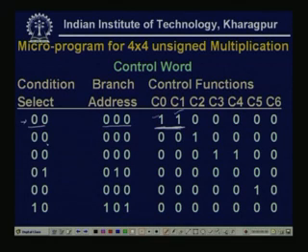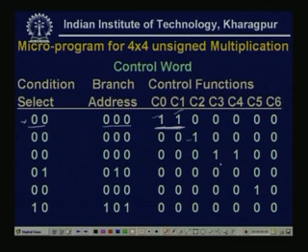Similarly, the condition select is 00 and the branch address is 000, because it is not going anywhere. Then the C2 control signal is generated, meaning the multiplier is assigned to register Q. Again the condition select is 00, branch address 000.